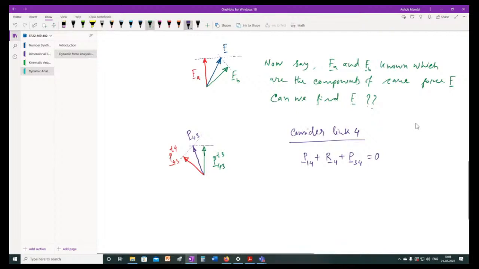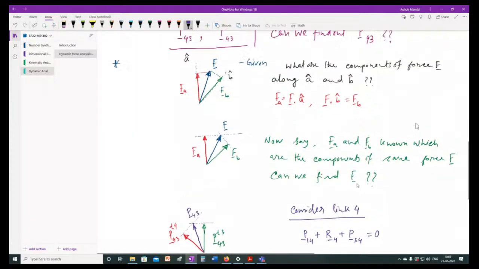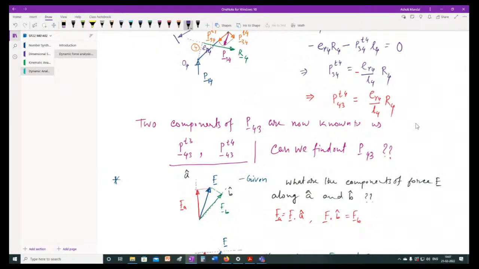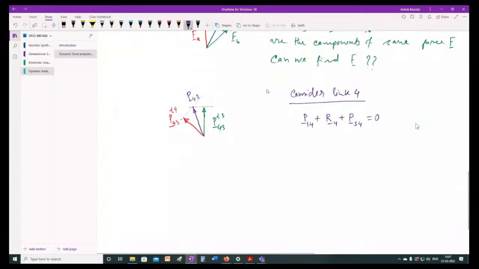So now let us draw all these forces. P14 is actually not known to us. This R4 is known to us because that is given. So let us first draw that R4. R4 is known to us, and when you get this, you get P43 and P34.